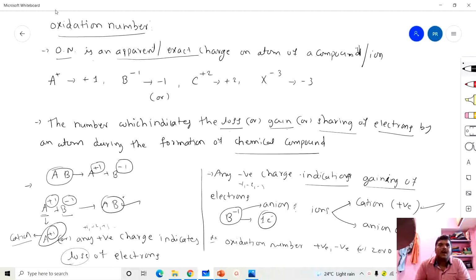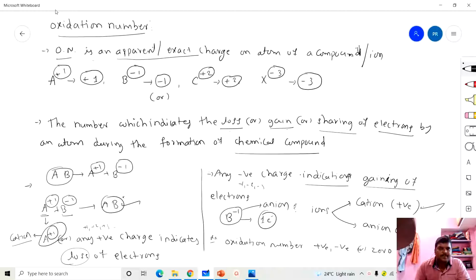Oxidation number is an apparent or exact charge on an atom of a compound or ion. Exact charge +1, oxidation number +1. Exact charge -1, oxidation number -1. Exact charge +2, oxidation number +2. Exact charge -3, oxidation number -3.